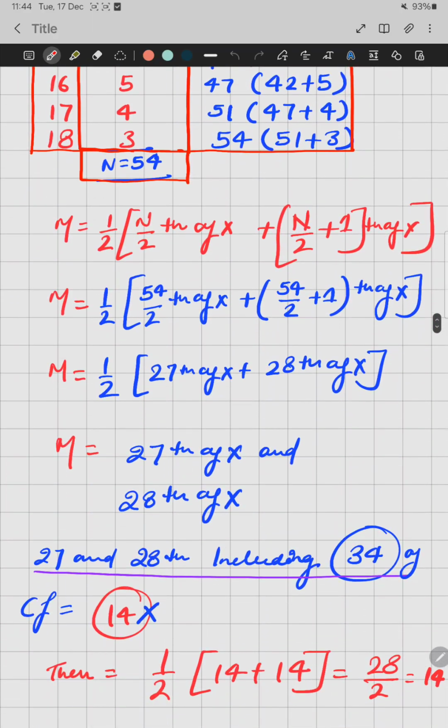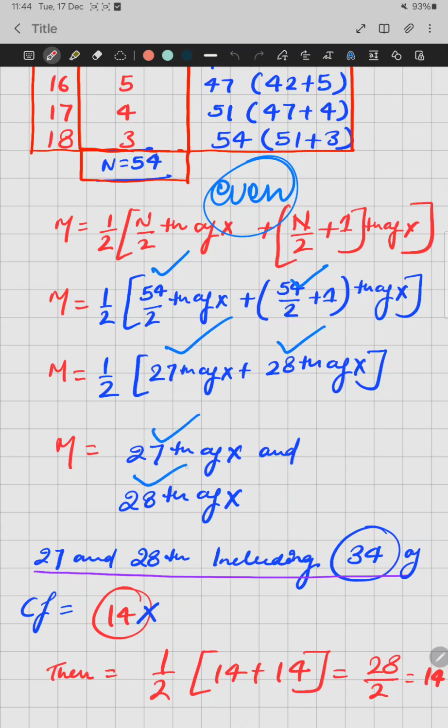Now here you will use the formula of even, which is 1 by 2 bracket of n by 2 of x plus n plus 1 by 2 of x, and here you put the value of n: 27th of x and 28th of x.